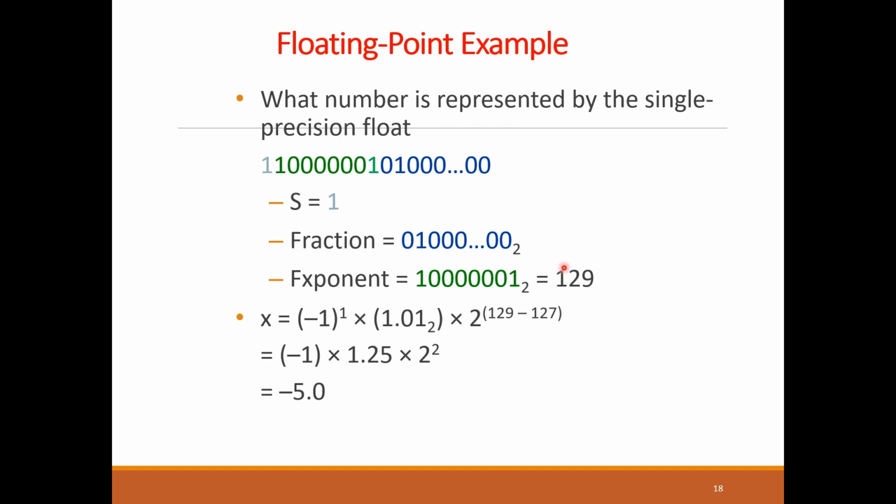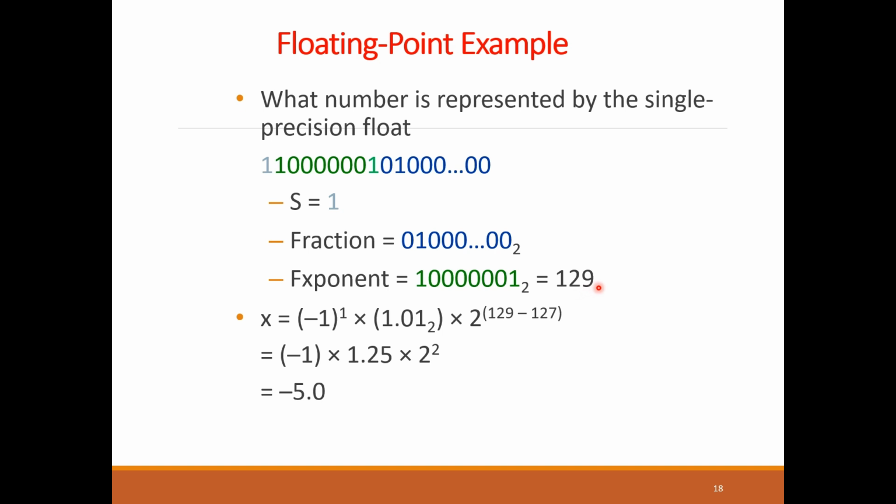Now the other way of conversion: if a number is given in IEEE 754 standard, what is the value in decimal? We can see that the sign bit is 1. The green color bits are for the exponent, and it comes out to be 129. Because bias was added here, now you will subtract the bias.